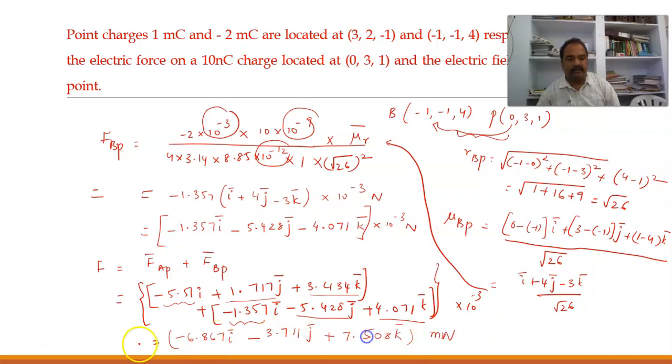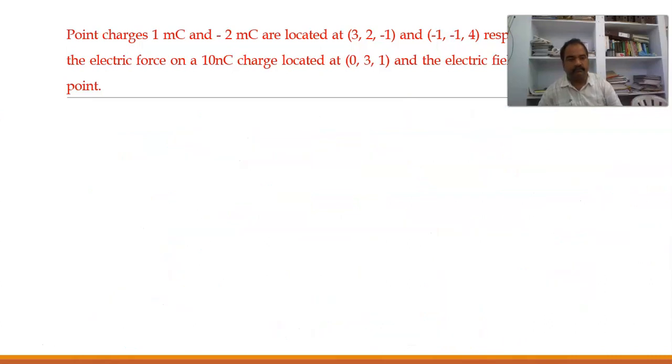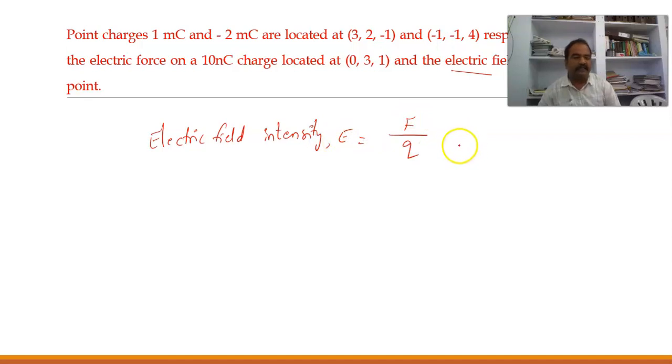So this is the total force at point P due to the charges at A and B. Now if he wants to determine the electric field intensity at the same point, we know that the electric field at a particular point can be determined directly using the formula: the net force at that point divided by the charge at that point.